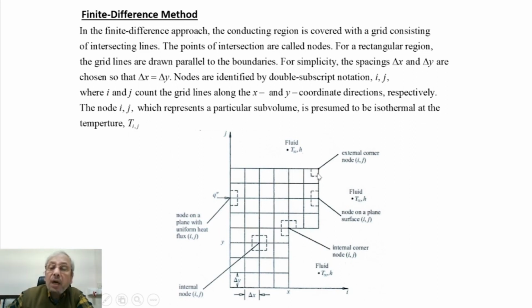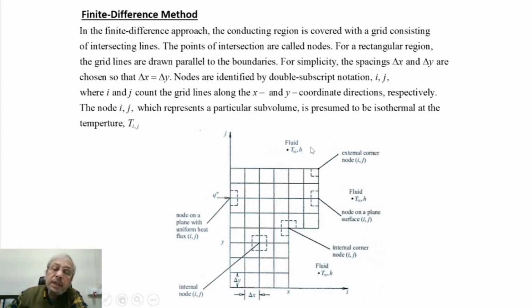Such nodes are external corner nodes, and the domain may be surrounded by a fluid, a cooling fluid if it is a heated body, or the fluid may be used to heat up the body also, depending on the situation.